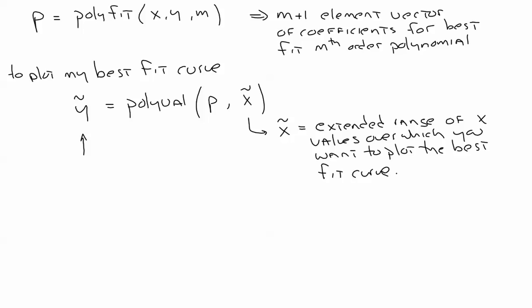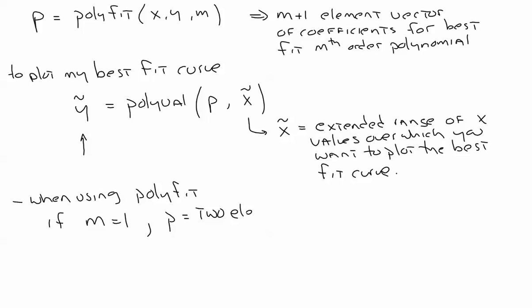A couple other things I should point out: when using polyfit, if m equals 1, p is a two-element vector, and it yields the linear regression coefficients. This is linear.